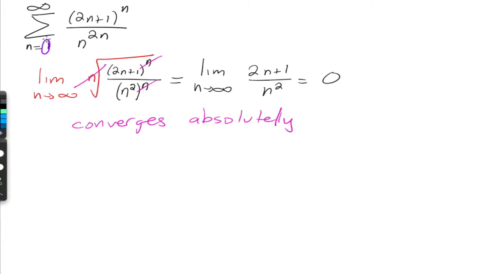It's not defined, right? At n equals 0, you plug it in and it doesn't exist. So that's why this one doesn't start at 0. But it doesn't mean that you can't have a series that starts at 0. It doesn't have to start at 1 to be able to use the root test.